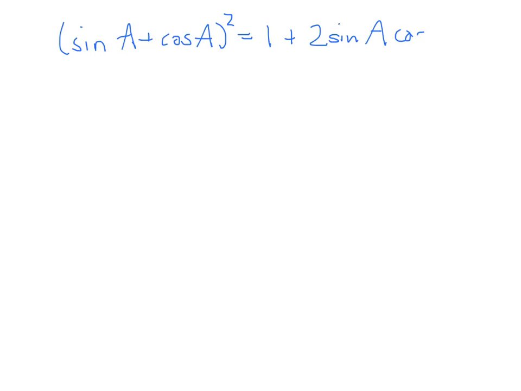Our third one looks like this. (Sine of A plus cos of A) all squared is equal to 1 plus 2 sine A cos A. Now, let's see what we can do with this.